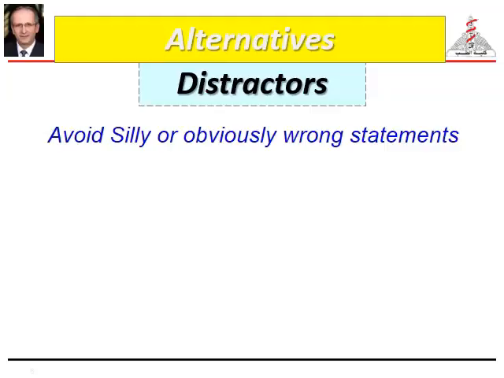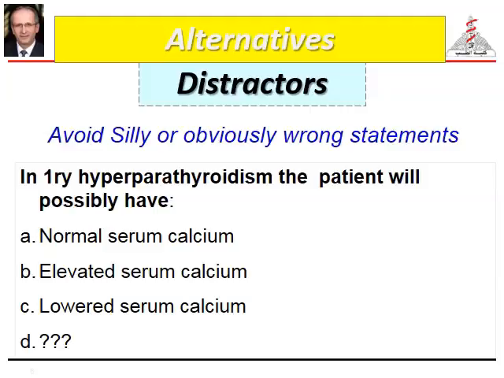It is important to write good distractors so that the student is considering and thinking about all the distractors as possible answers. To begin with, please avoid silly, obviously wrong distractors. Sometimes we exhaust all the possible options, like in this question, for example, asking about primary hyperparathyroidism.